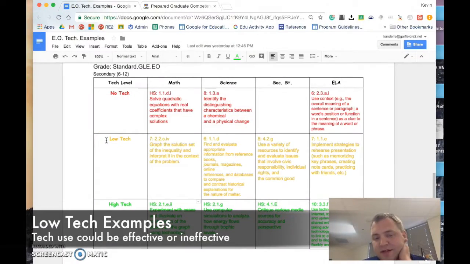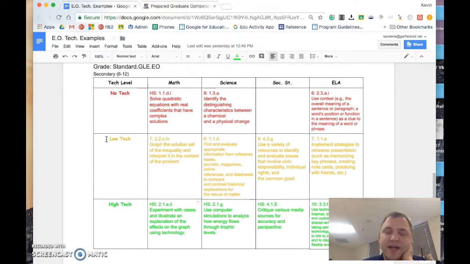All right, now the tricky segment that we found was this low tech category. And again, low tech is kind of in the middle, and technology can either enhance this lesson, or if it's used improperly or poorly, it can actually detract from that lesson. So let's just take a look real quick at this math one right here. 7th grade, standard 2. It's talking about graphing the solution set.